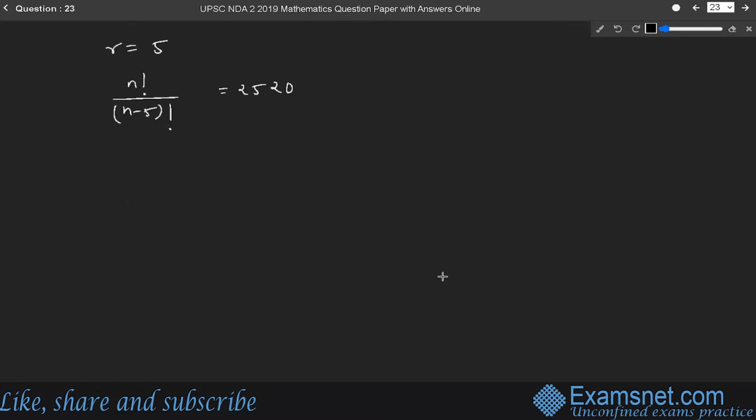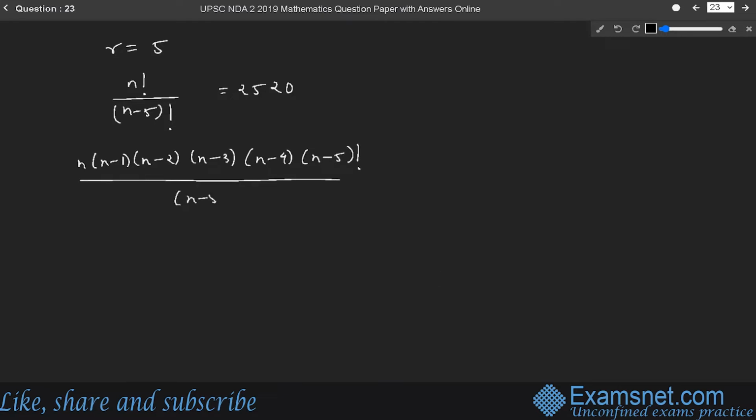Now, this can be written as n into (n minus 1) into (n minus 2) into (n minus 3) into (n minus 4) into (n minus 5) factorial divided by (n minus 5) factorial is equal to 2520. So these factorials will be cancelled.